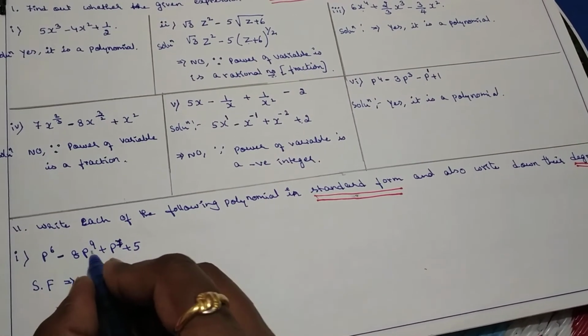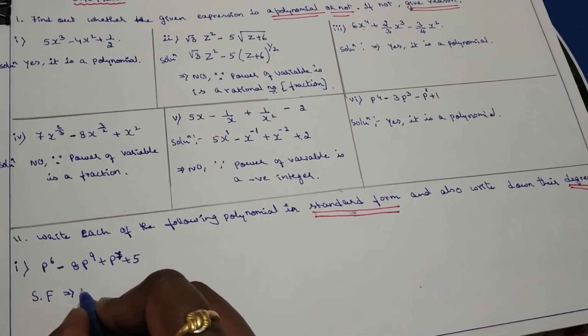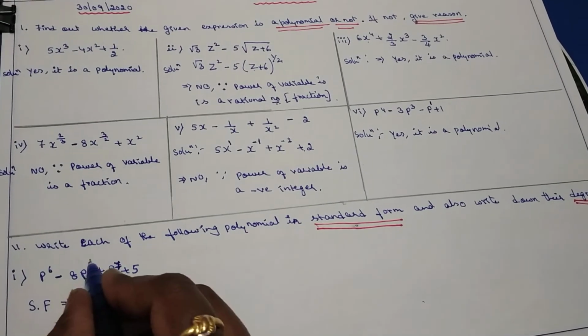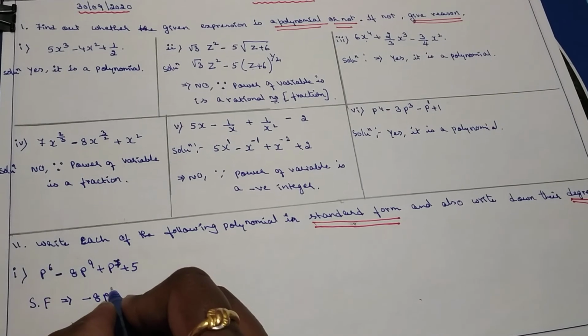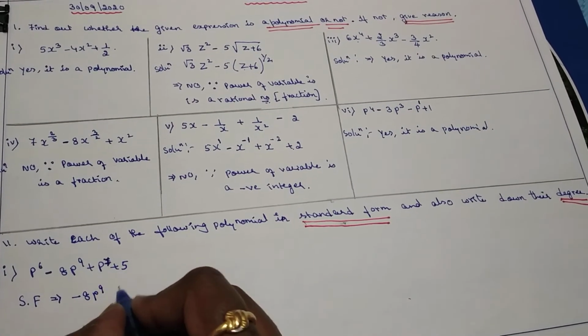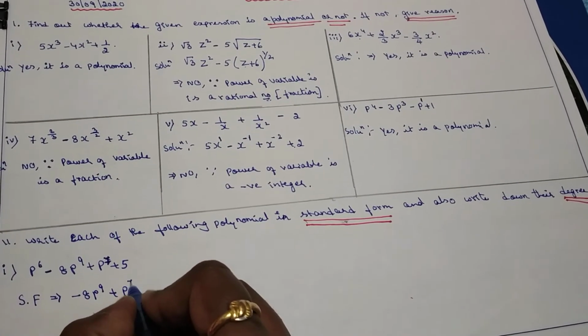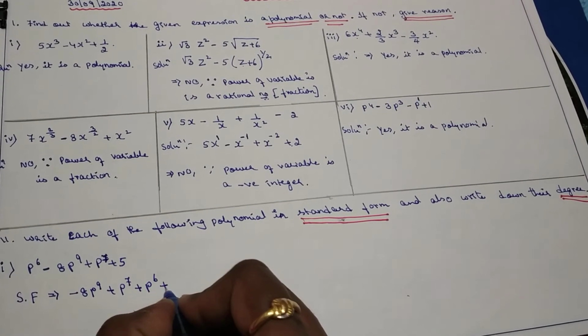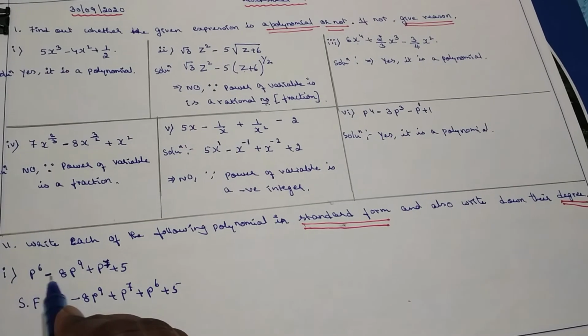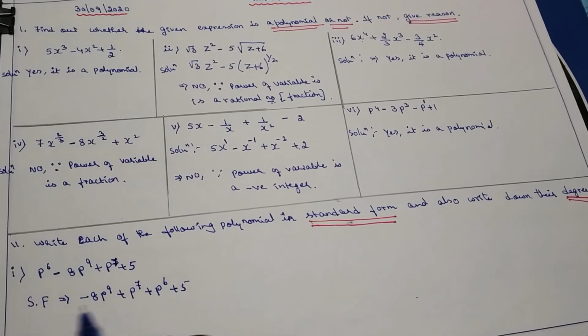So what is the highest power here? 9. Therefore, when you are shifting, you should shift with the complete term, children. That is minus 8p to the power of 9. Then next highest is 7. So plus p to the power of 7. Next is 6. So plus p to the power of 6 plus 5. So this expression consists of 4 terms. So this is standard form.